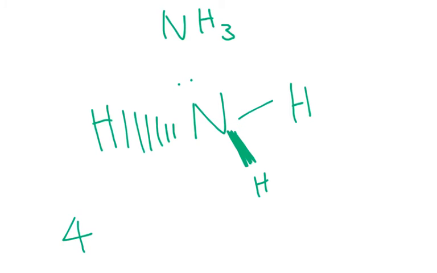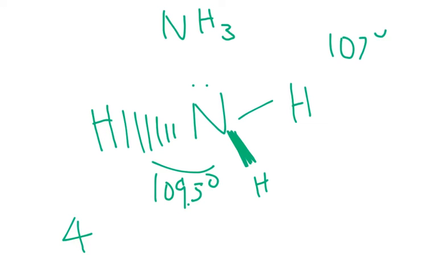Now, I could just put this bond like this, but since it's on the plane, I'll just keep it like that. So since this has a tetrahedral geometry, then it is going to have bond angles of around 109.5 degrees. Now, the actual bond angle is going to be around 107 degrees.